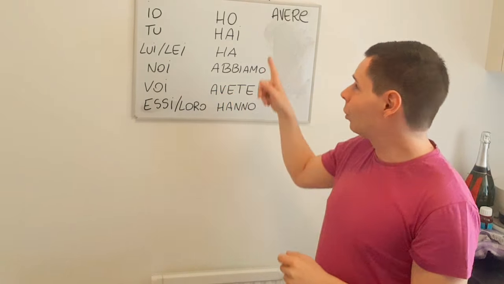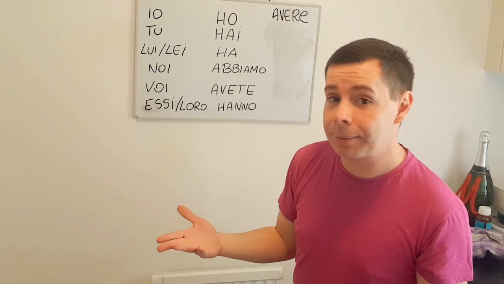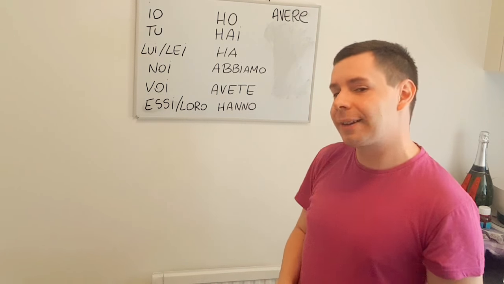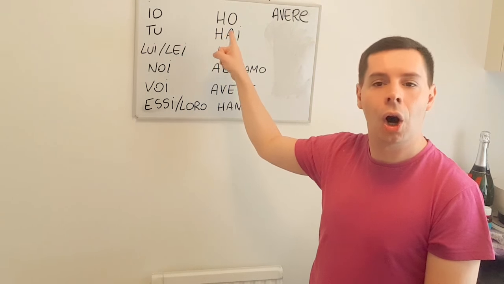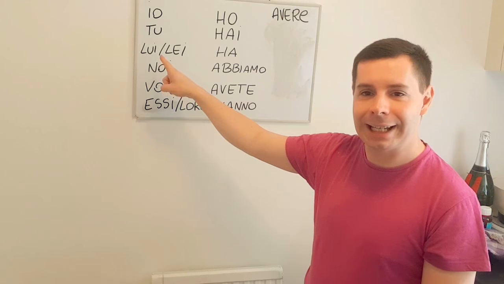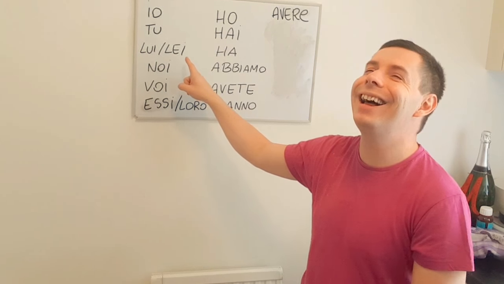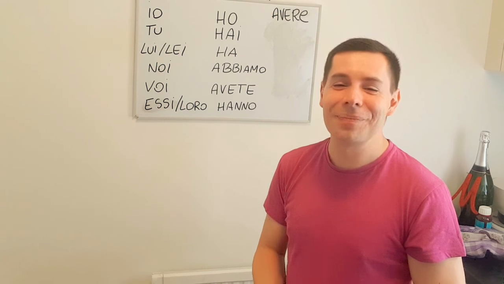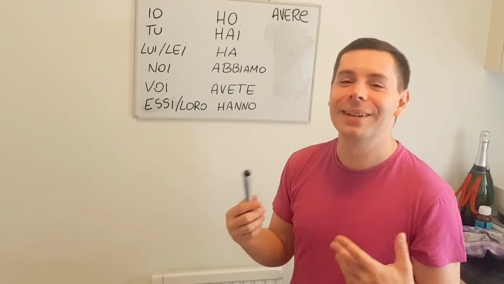So the infinitive of the verb to have in Italian is avere. Here we have our conjugation of the verb. So let's get started. Io ho, tu hai, lui, lei, egli is really old, because when you learn the verbs in Italian in elementary school we say egli, ella.